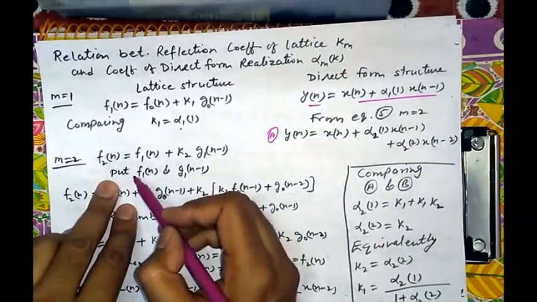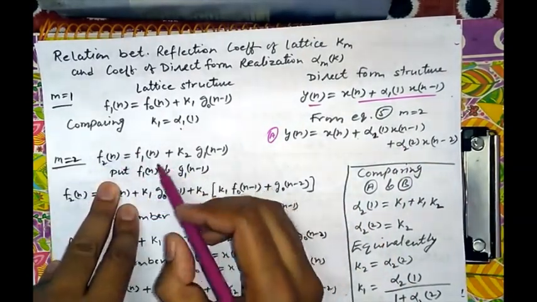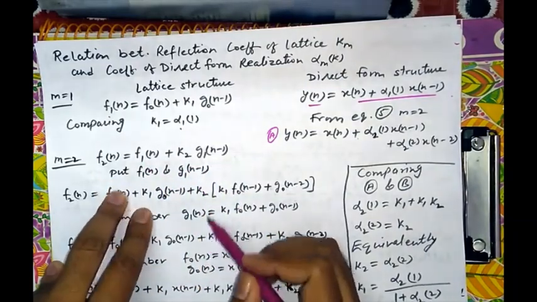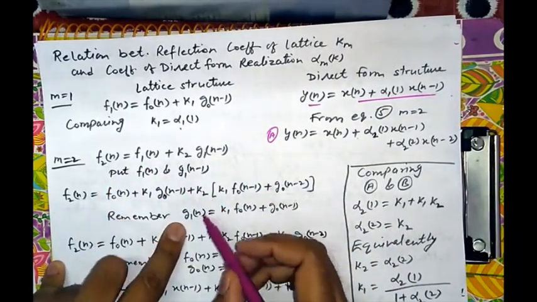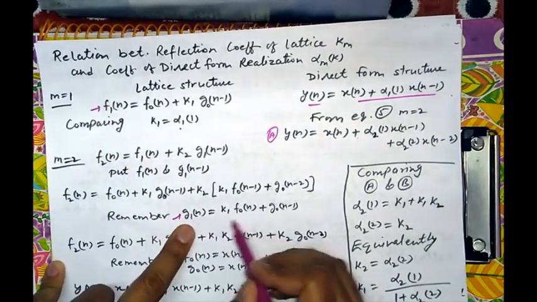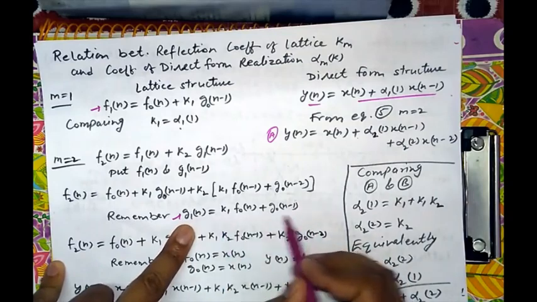And for second order we have the lattice structure form f2(n) is equal to f1(n) plus k2 g1(n-1), and we know that the second value is g1(n), again for the first order value.